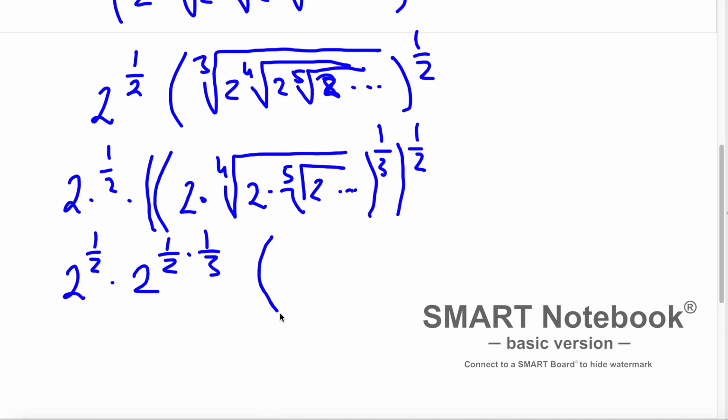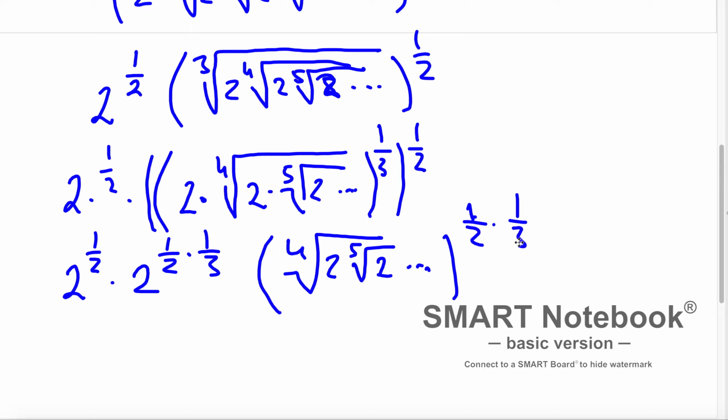And everything else remains inside the parentheses, so this index of 4, times 2, so this index of 5 and radicand 2, and it continues forever, but here is 1 over 2 times 1 over 3. And this process continues.